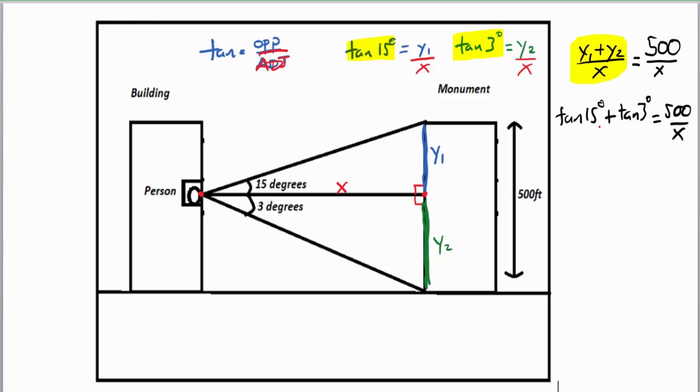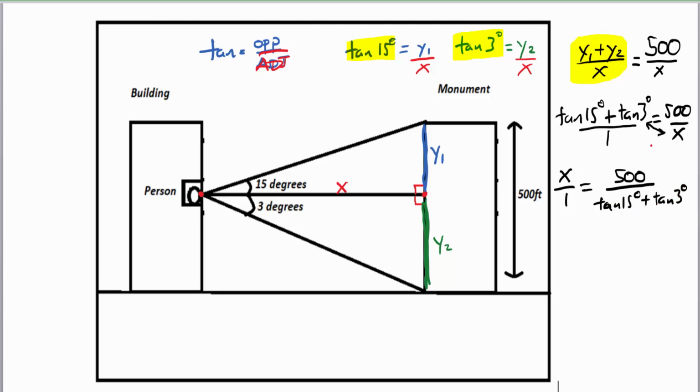Now, through the power of cross multiplication, I can go 1 times 500 and tangent of 15 plus tangent of 3 times x. But a cool thing we can do, this is a rule and it's okay, you can do this for cross multiplication, is we can switch the positions of one of these diagonals. So now on the left hand side I've got x over 1, and on the right hand side I've got 500 divided by the tangent of 15 degrees plus the tangent of 3 degrees.